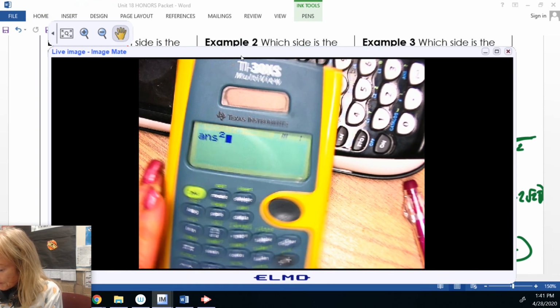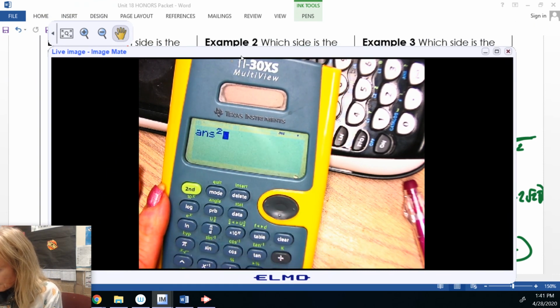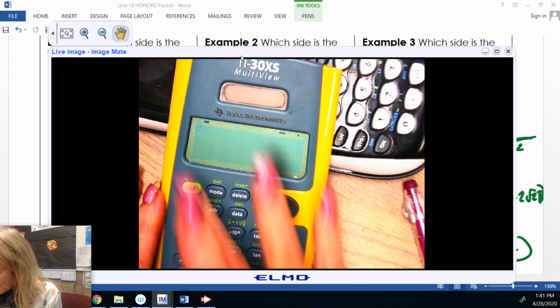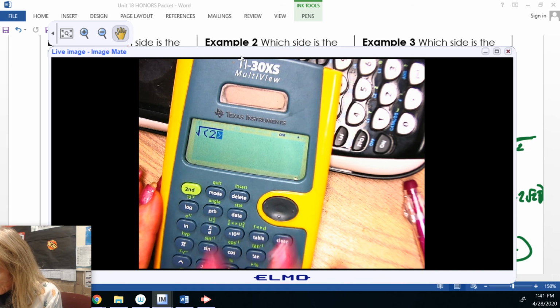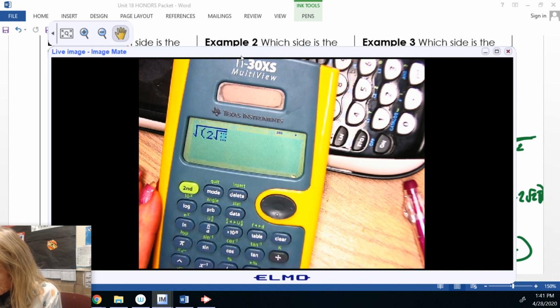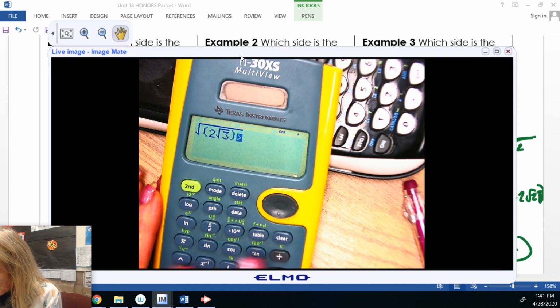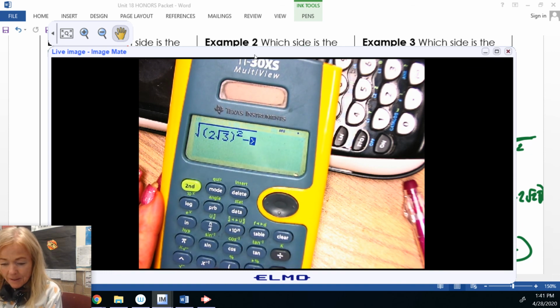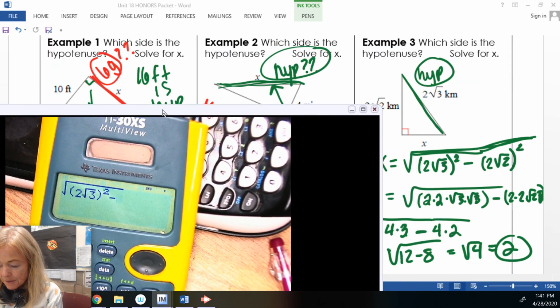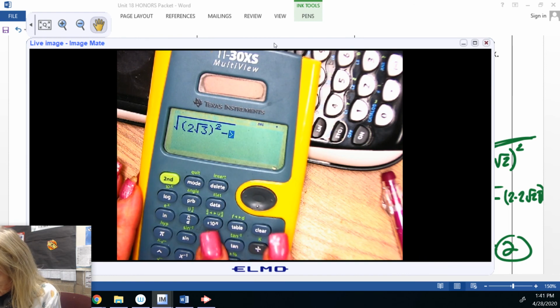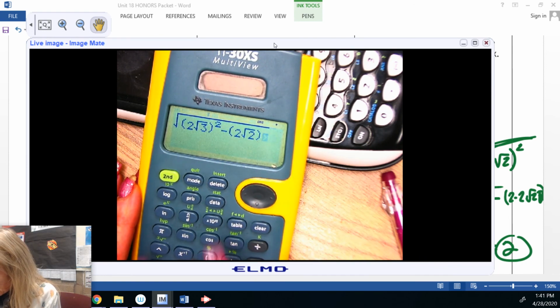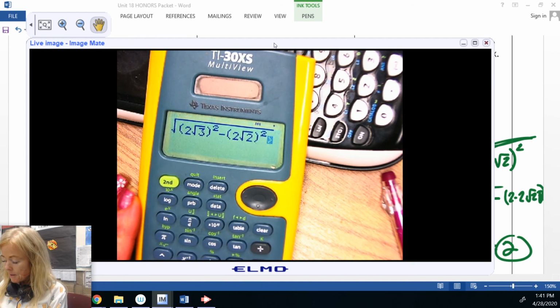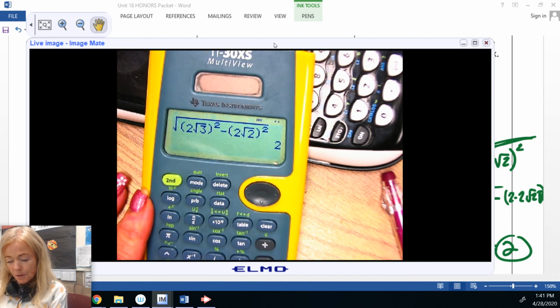So square root, parenthesis 2 radical 3, arrow out, squared. Was it minus? Was it a leg? Yeah, minus 2 radical 2, arrow out, squared. All right, so you can just plug it in the calculator like that, and you get 2.